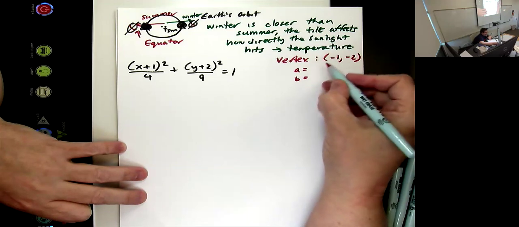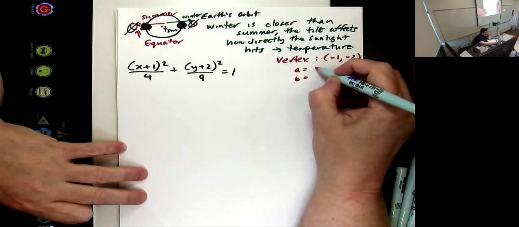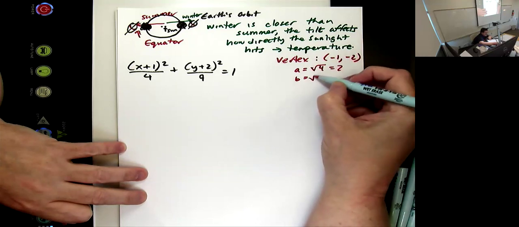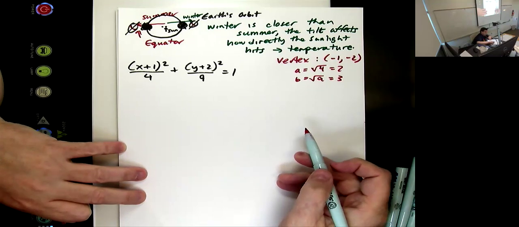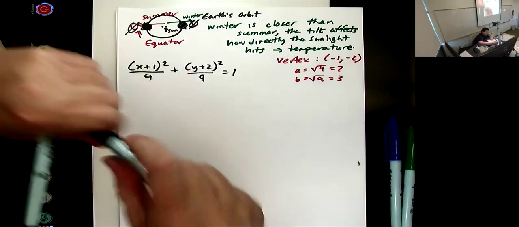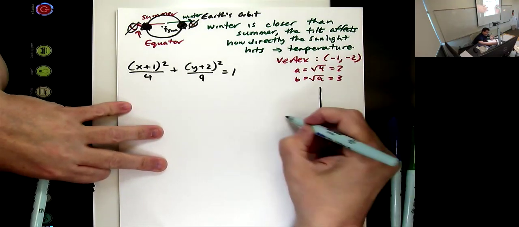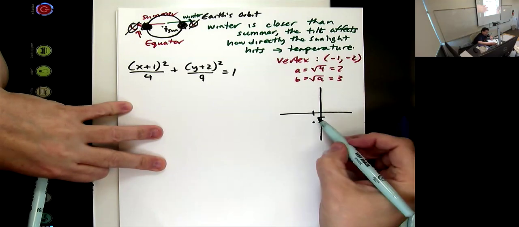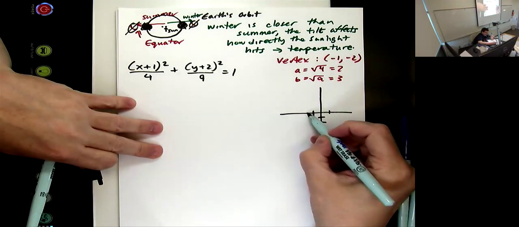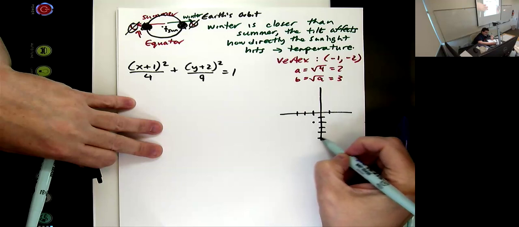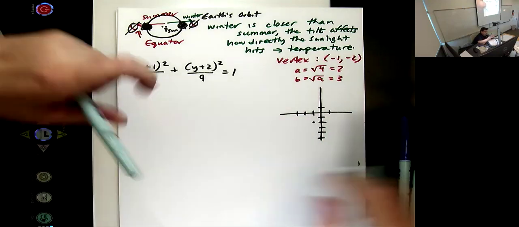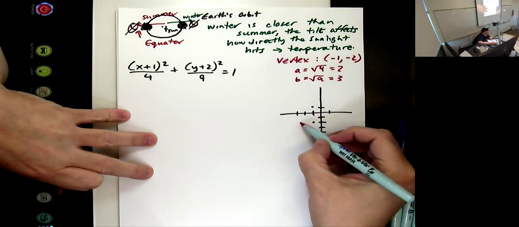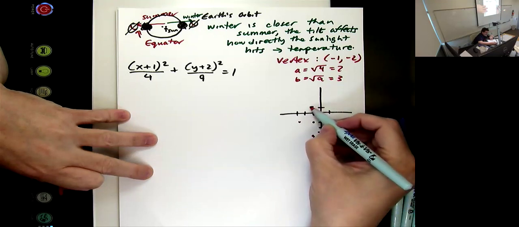What's a? 2, the square root of 4 is 2. b, 3, the square root of 9 is 3. So I go up 3, down 3, left 2, right 2. Draw an ellipse.